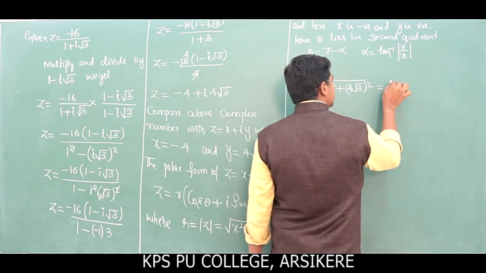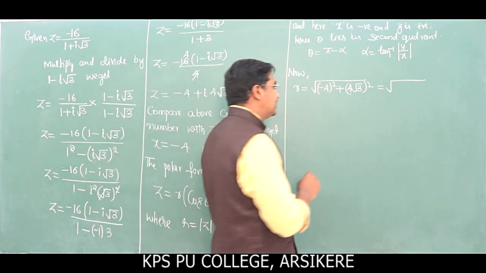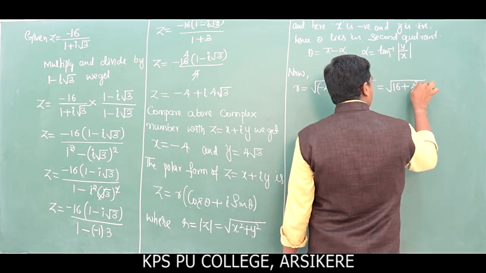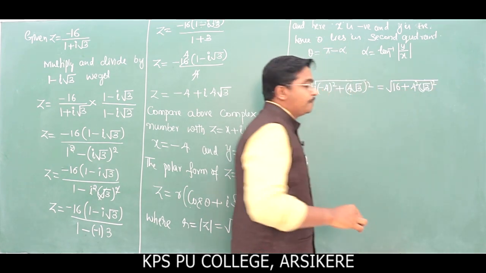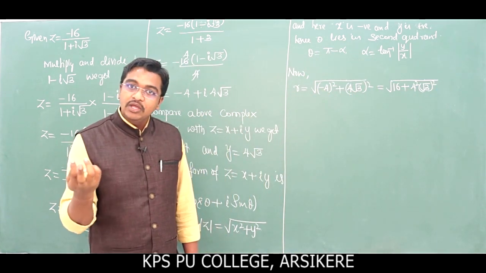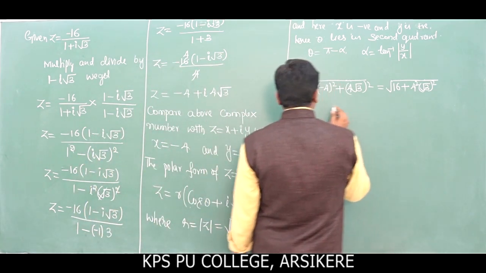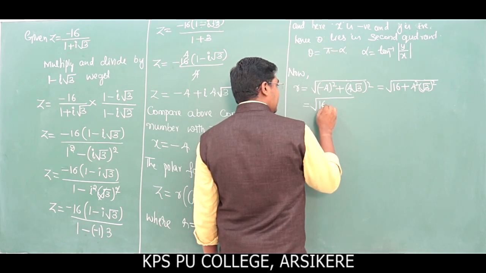This reduces to the square root of 16 plus 4 square into root 3 whole square. That is just like (a into b) whole square is a square into b square.